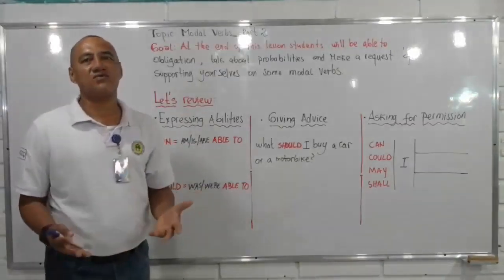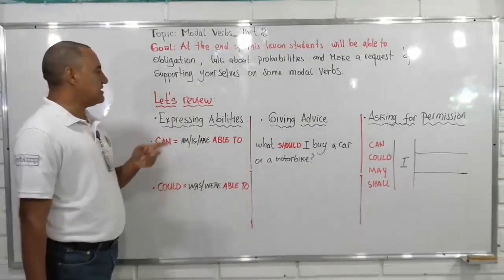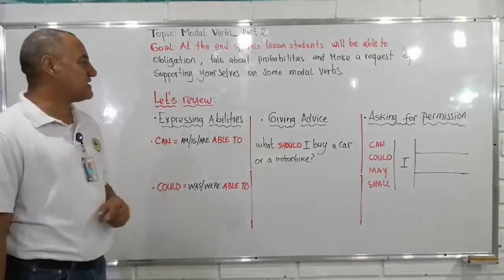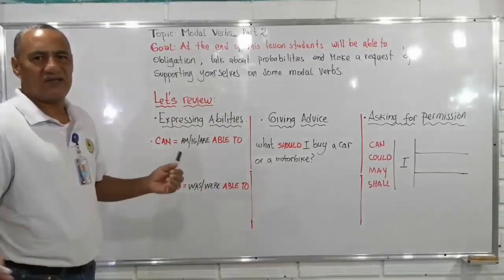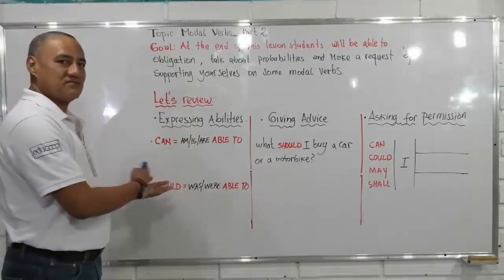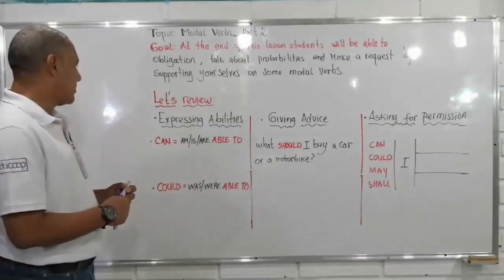In the first lesson, we were talking about how to express ability. Let's make a review: how to express ability, give advice, and ask for permission. This is just to remind you of the previous uses that we were talking about with the modal verbs.